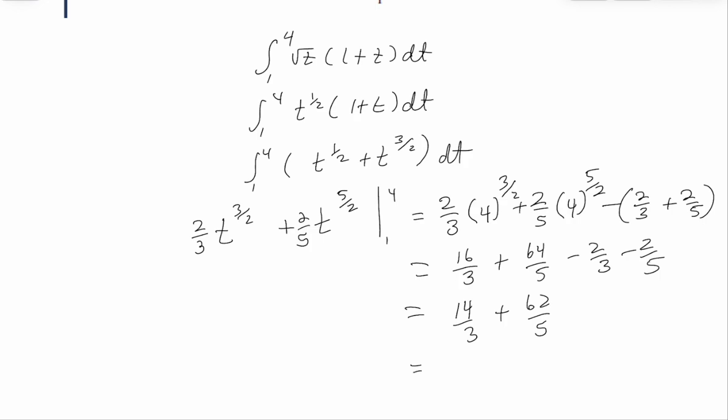If you multiply 14 by 5, you get 70/15, but 62 we need to multiply by 3. So that's 186/15, for a total of 256/15, which I don't believe reduces down. And if I did anything funky, please tell me. No, that doesn't reduce, so just leave it.